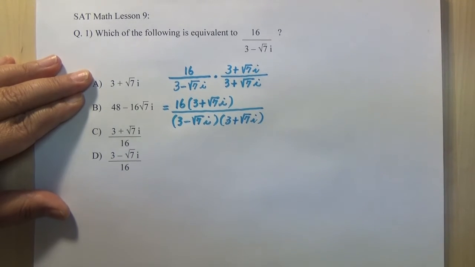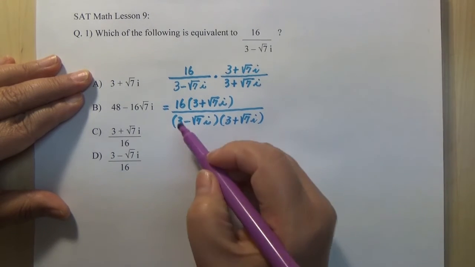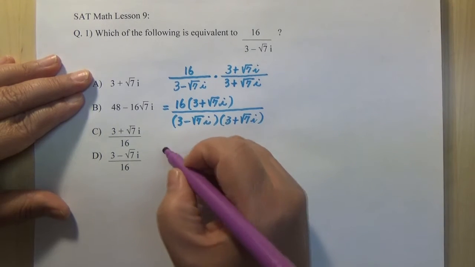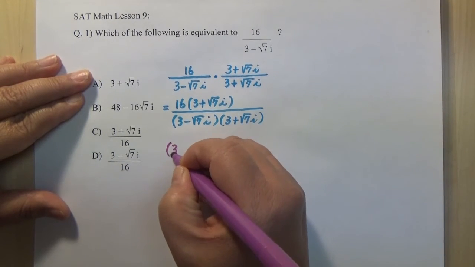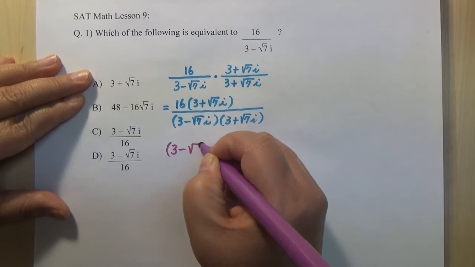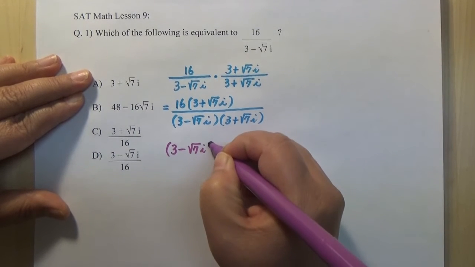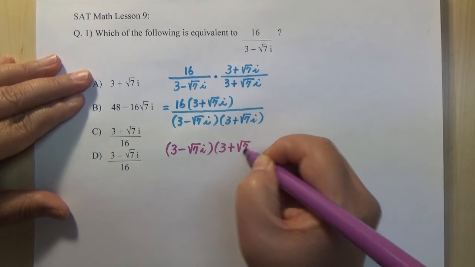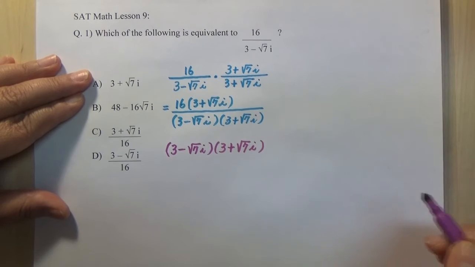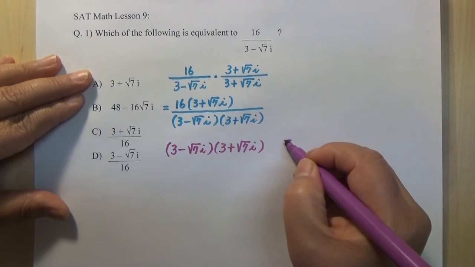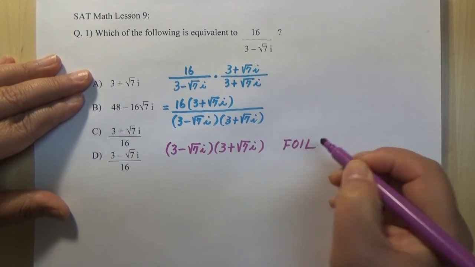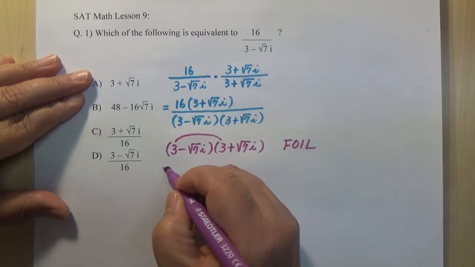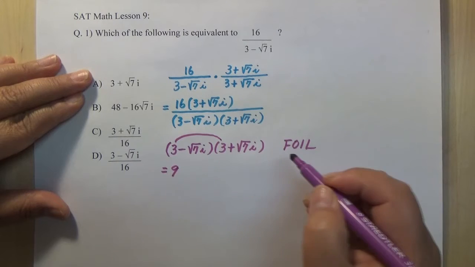So now I have to calculate the denominator. So let's see. I'm going to rewrite here the denominator, 3 minus square root of 7i times 3 plus square root of 7i. So now we have to use FOIL. First, 3 times 3, which is 9.